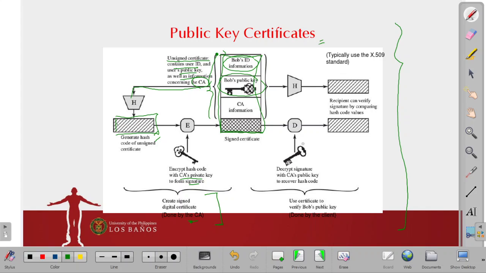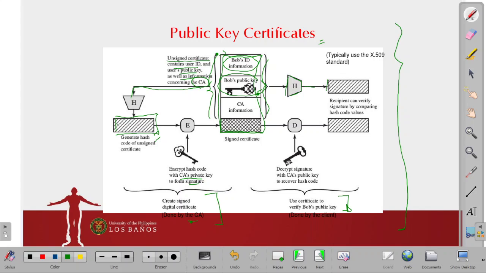Then at the receiver end, the receiver would like to verify whether it is indeed Bob's public key. What will happen is it will extract the information and then get the hash of that.